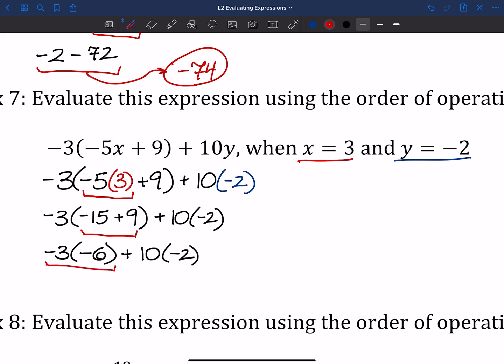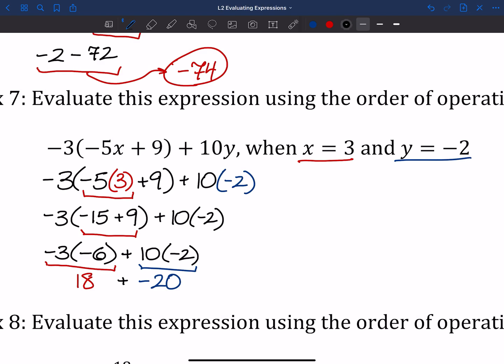All right. I'm actually gonna slap them into one step. Negative 3 times negative 6. Because they're both negatives, we end up with a positive 18. Bring that plus sign along. And then the other side with the multiplication, 10 times negative 2 is negative 20. All right.